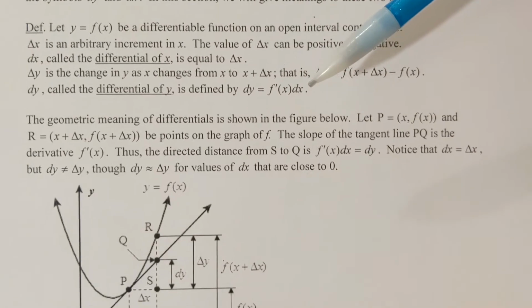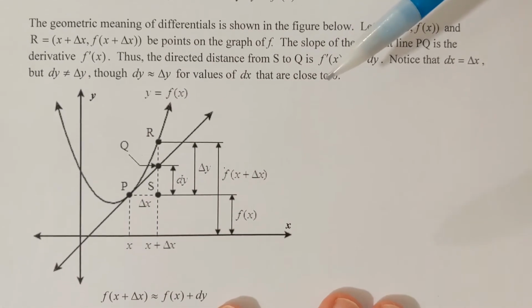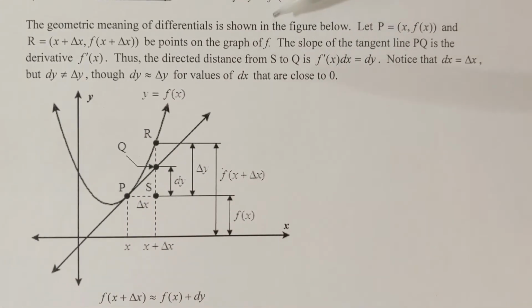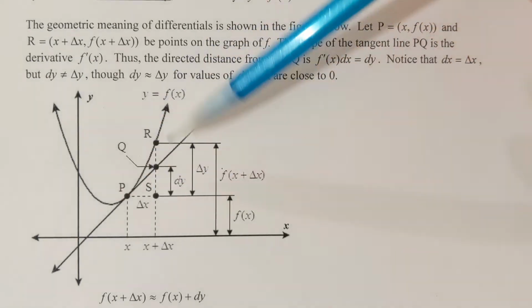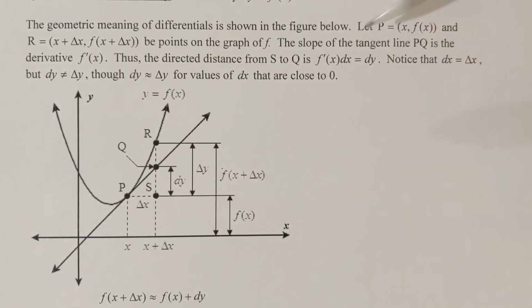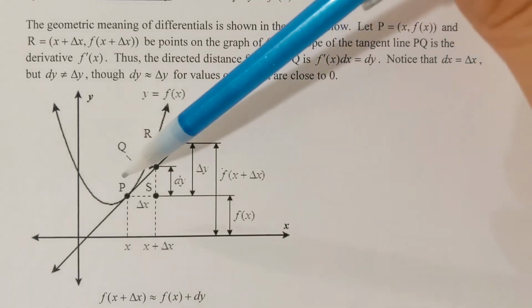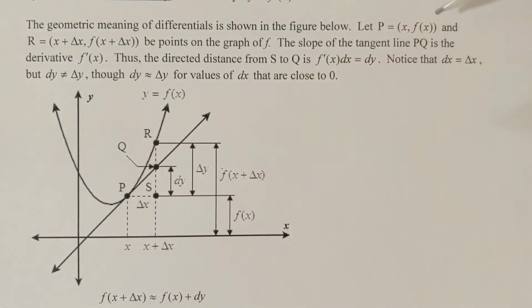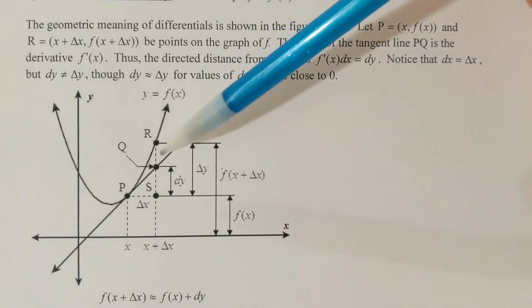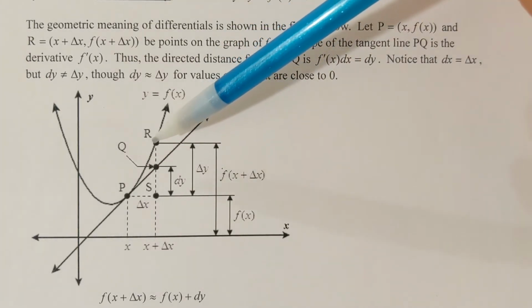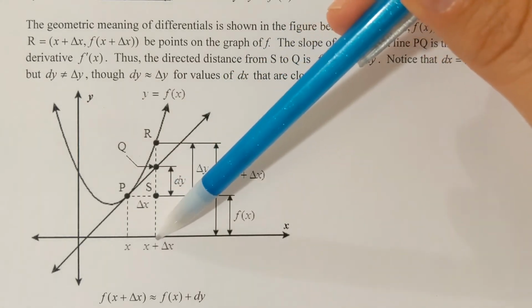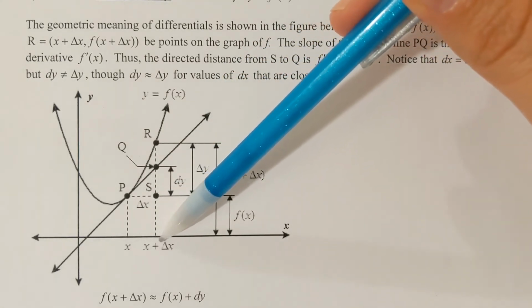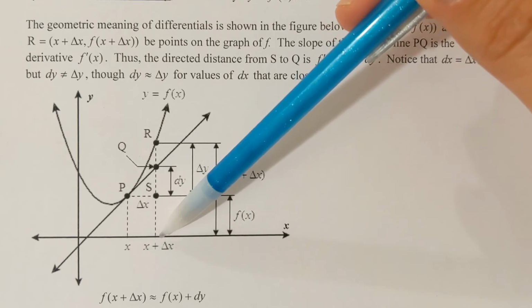All right, now let's take a look at a picture. The geometric meaning of differentials is shown in this picture. Suppose that we have a point P on the graph of some curve, and point P has coordinates x, f of x. And point R is also on this curve. Point R is located some increment away from point P of delta x units.